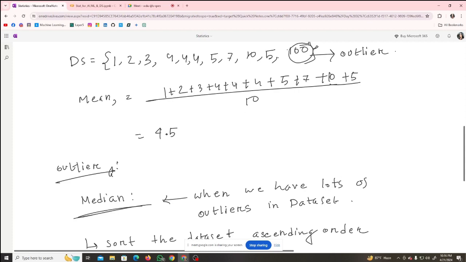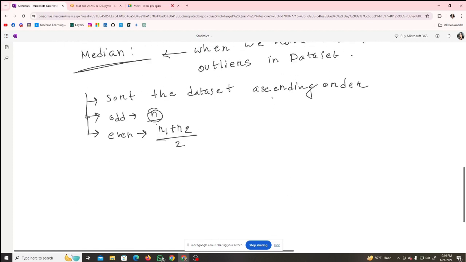So we have to get the two middle numbers, which are 4 and 4. So in this case, the median is 4 plus 4 by 2, which is equal to 4.